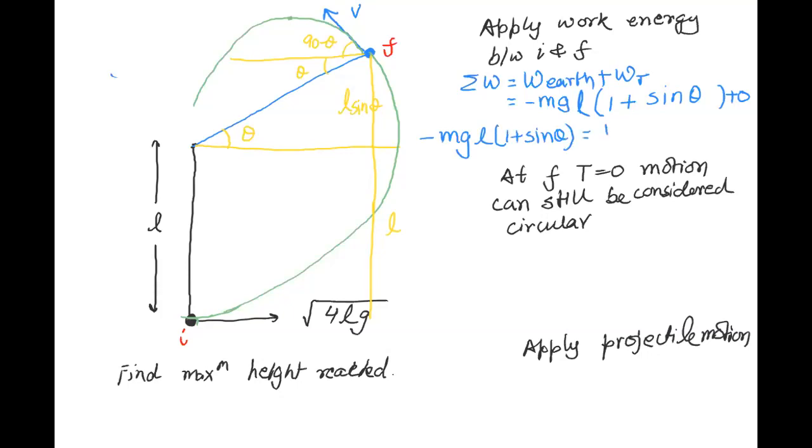Final kinetic energy, half mv square, minus initial kinetic energy, half m into 4g.